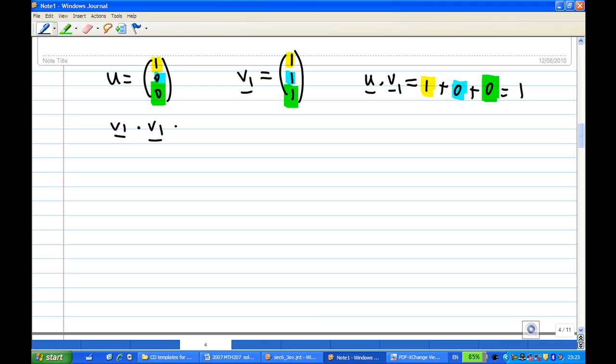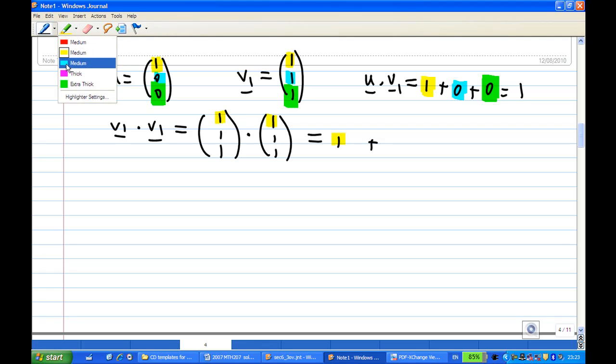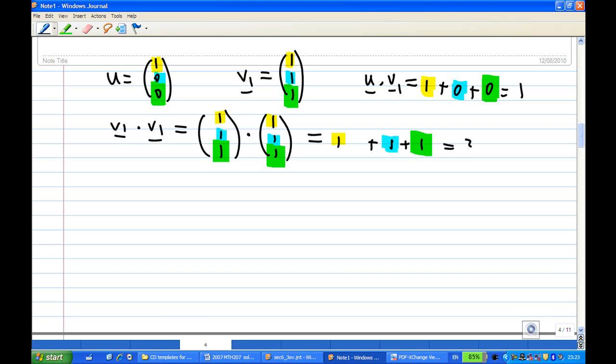V1 dot V1 is (1, 1, 1) dot (1, 1, 1). 1 times 1 gives 1, the second component gives 1, and the third component gives 1 again. So V1 dot V1 is 3.